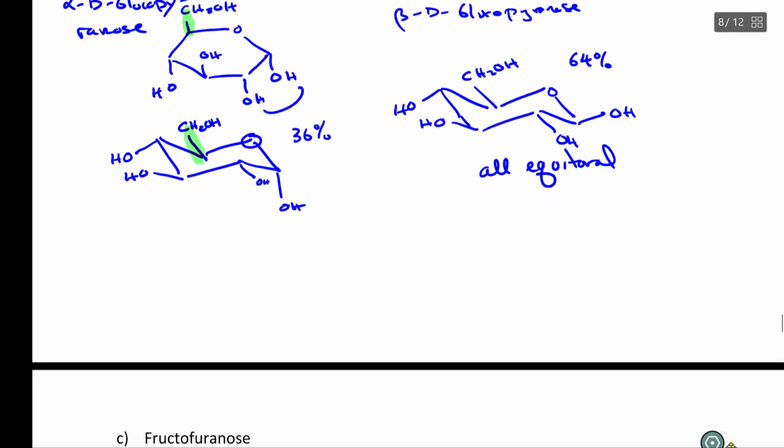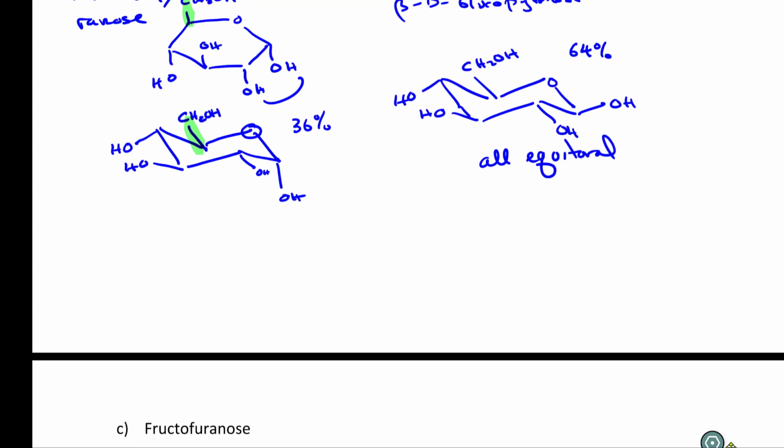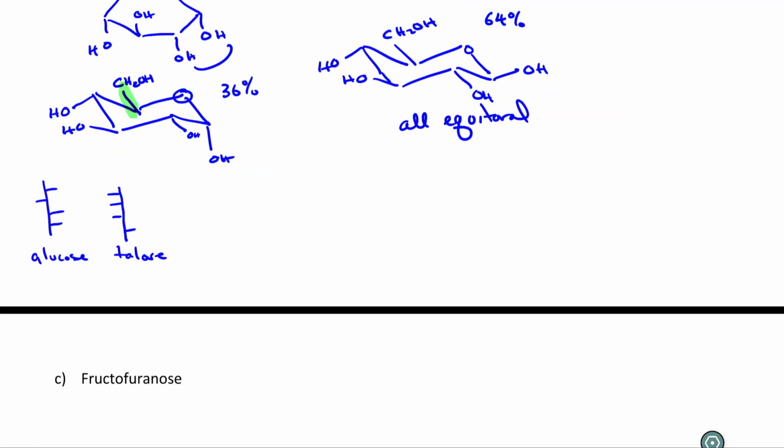Another aspect that I wanted to show you is how you can quickly draw the other monosaccharides, the hexoses, in their Haworth form. So let me pull a couple of structures out for you. So here are the structures for glucose and talose, and so I want to show you how knowing the structure of glucose allows you to figure out what the structure of talose is relatively quickly.